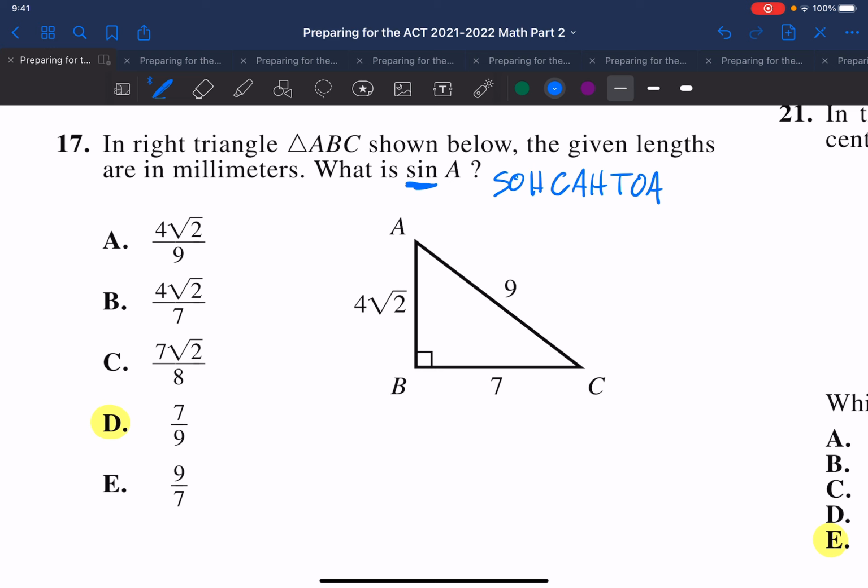This is for us to remember what is sine, cosine, and tangent. Since we are using sine, we want SOH: sine is opposite over hypotenuse.